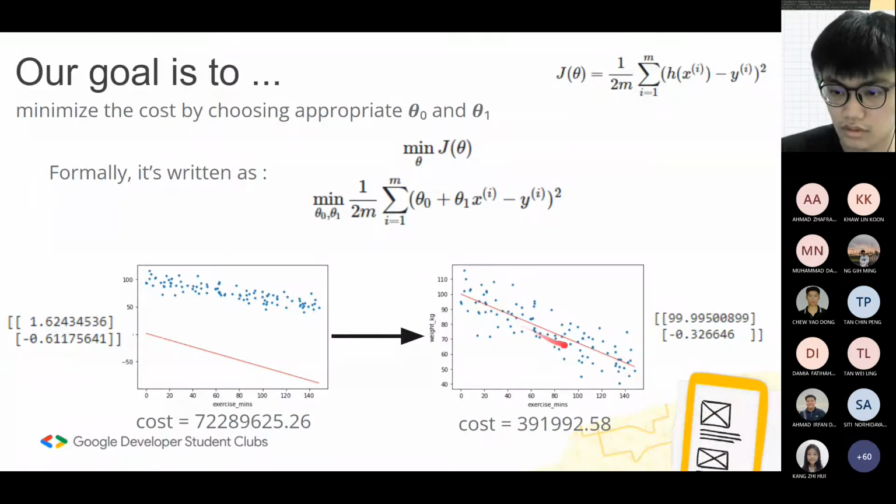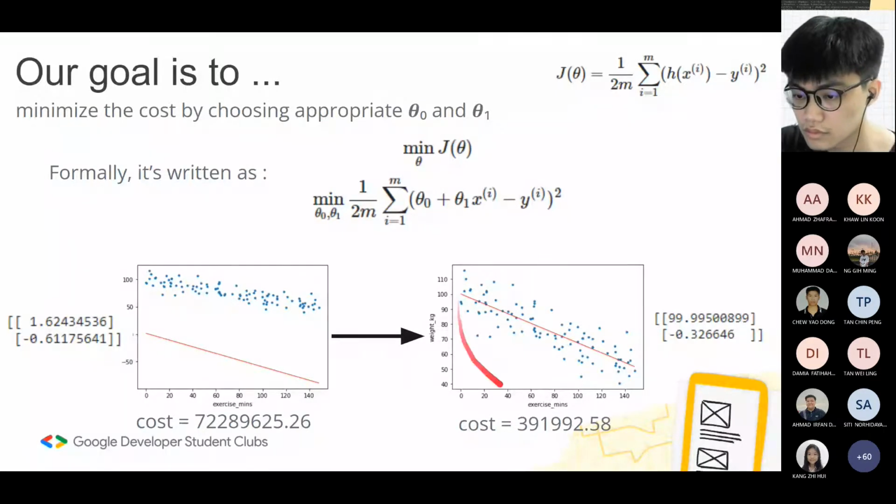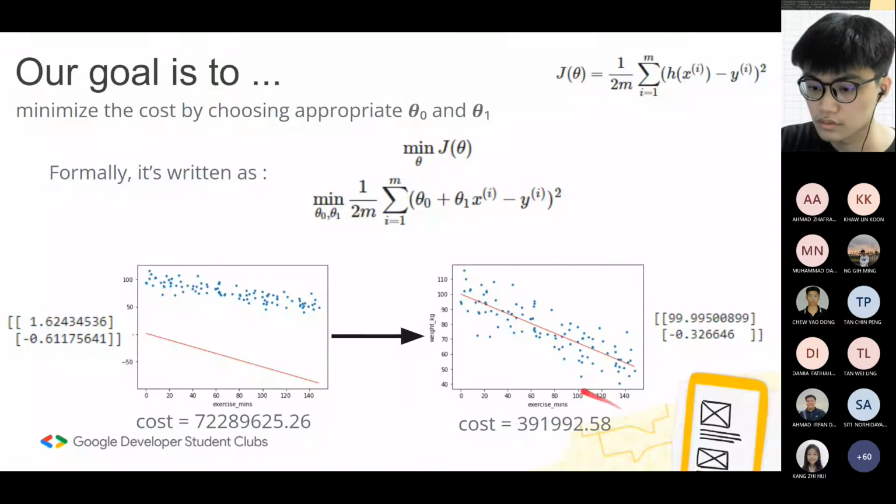By comparing these two graphs, you can see that this might be more accurate because it is inside the data, and logically it would have a lower cost than this one, right? This might or might not be the best situation that we can achieve, but it is confirmed better than the previous one.